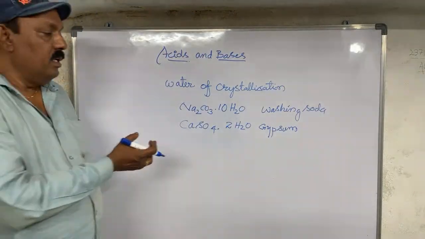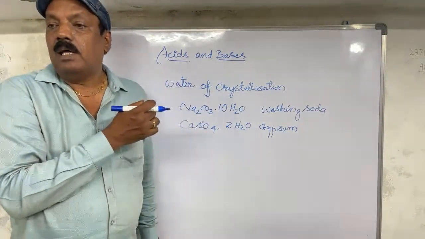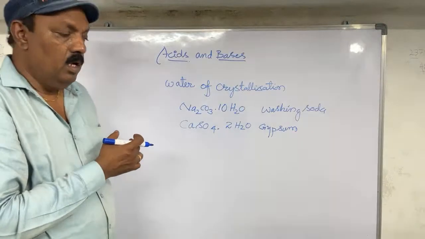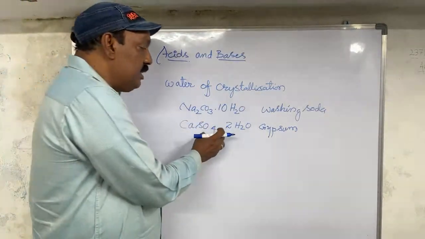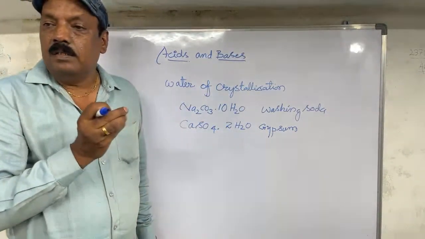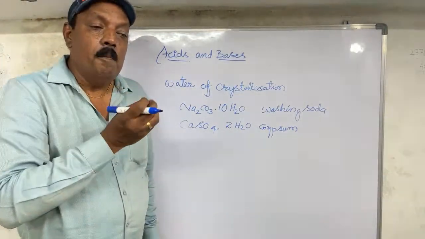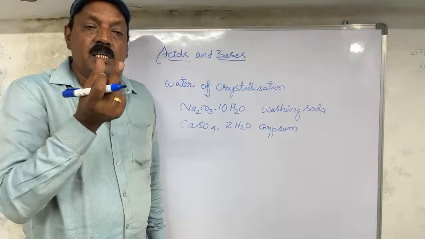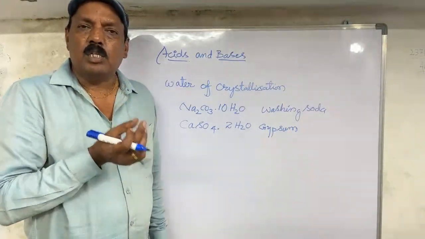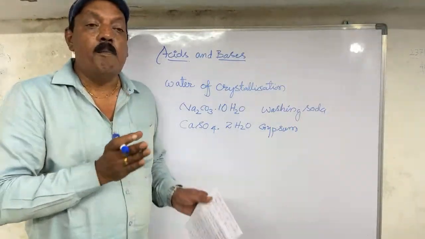This gypsum is a very important compound in the cement industry. If this gypsum is not added in a good quantity in the cement bag, the smooth powdery cement will become rock.